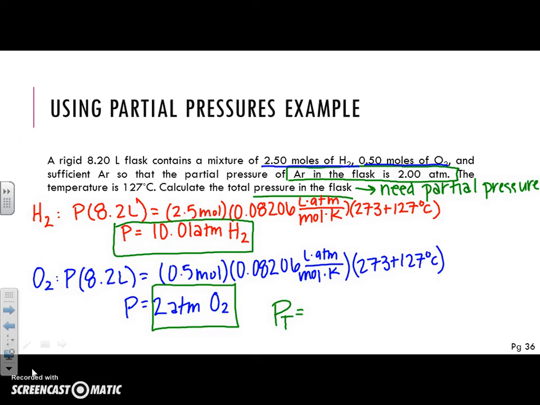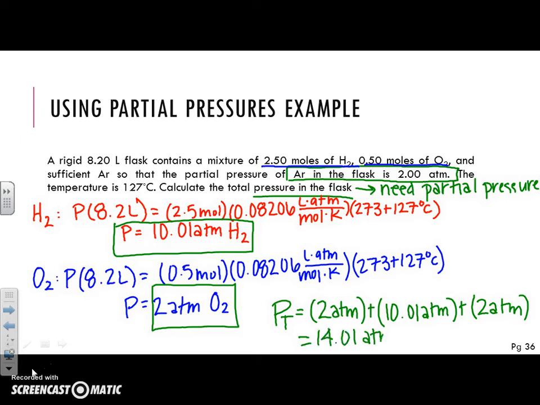So we'll plug in the partial pressure of argon, which is 2 atmospheres, the partial pressure of hydrogen, which is 10.01 atmospheres, and the partial pressure of oxygen, which is also 2 atmospheres. If we add those up, we get a total pressure of 14.01 atmospheres, and that's our final answer to the problem.